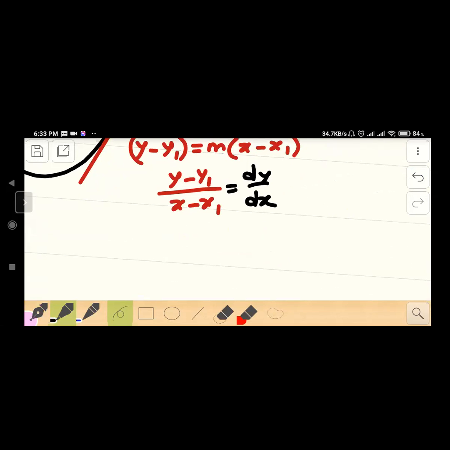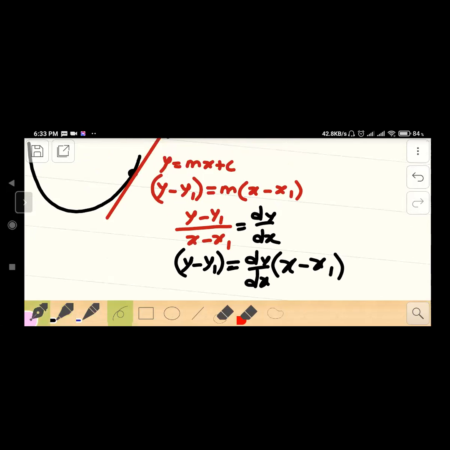So we can say that y minus y1 is equal to dy by dx, that is the gradient, into x minus x1. By the way, this equation can be used for any straight line whose shortened version is this equation. Just shortened version.